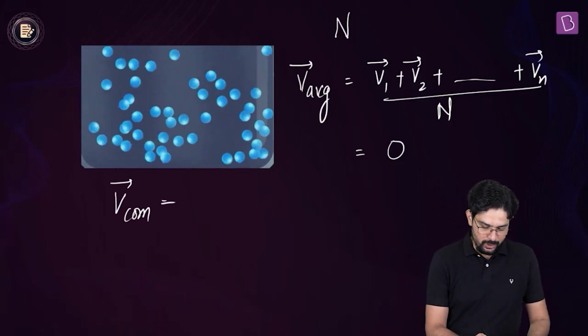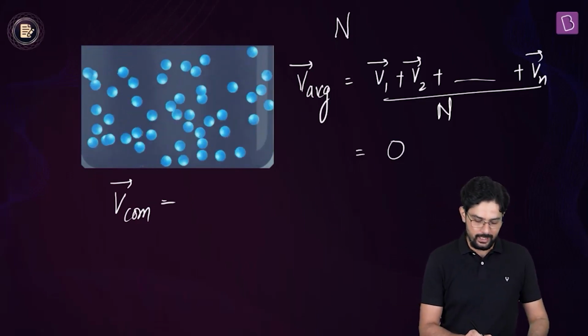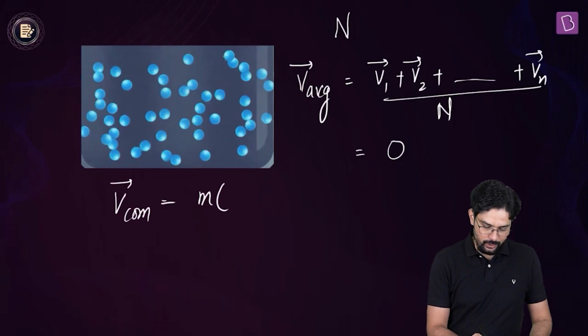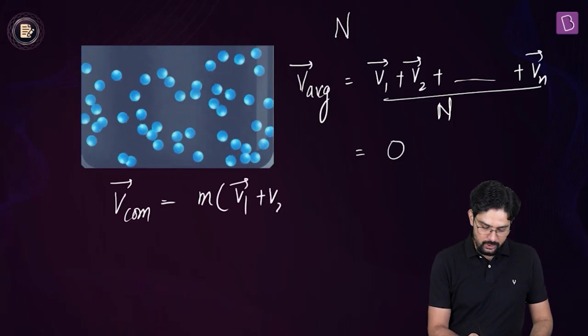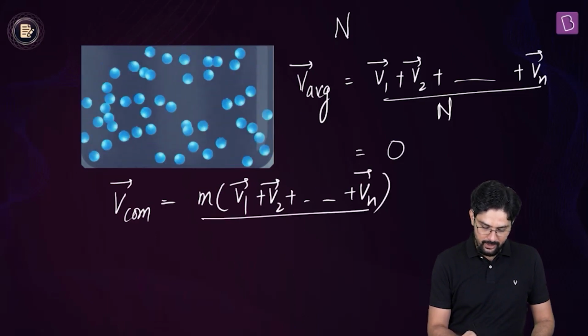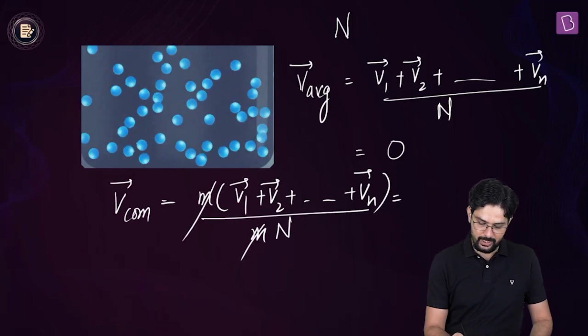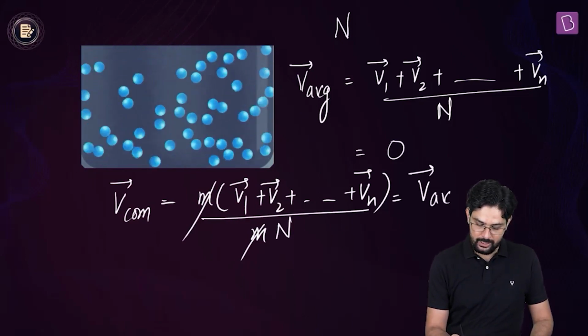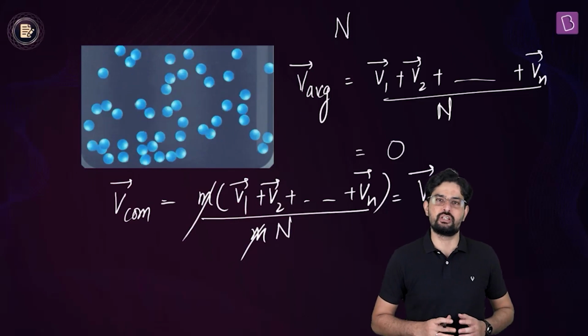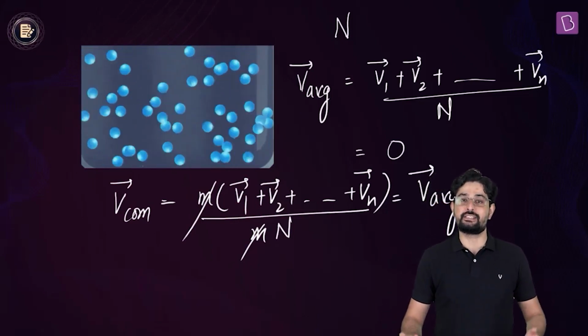So you know the formula, this is going to be mv1 plus mv2 plus so on and so forth. And let's take m common. So this is going to be v1 plus v2 plus so on till vn, divided by the total mass, which is m into the number of molecules. And as you can see, this exactly comes out to be equal to V average. And evidently you can see that the center of mass is stationary.